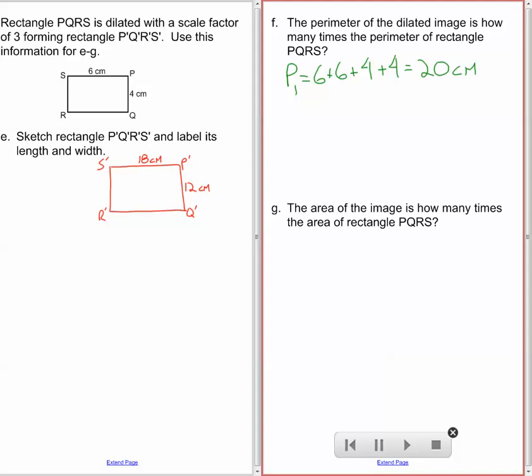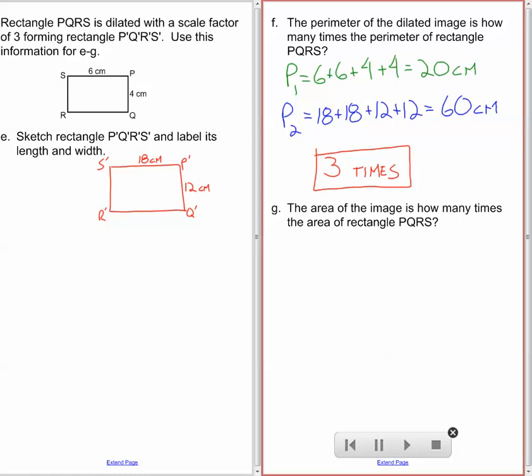S prime, P prime, R prime, Q prime, or perimeter 2 we'll call it, would be 18 plus 18 plus 12 plus 12, which is going to be a perimeter of 60 centimeters. So to answer the original question here, the perimeter of the dilated image is how many times the perimeter of the rectangle?